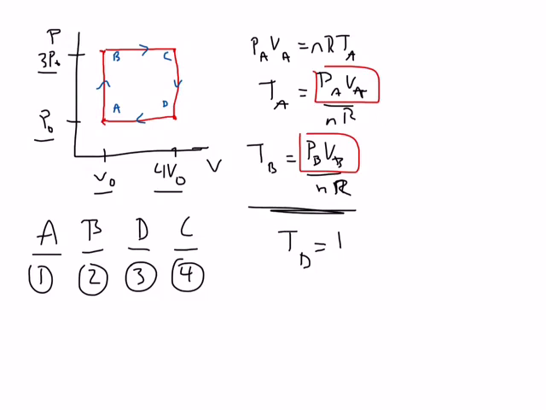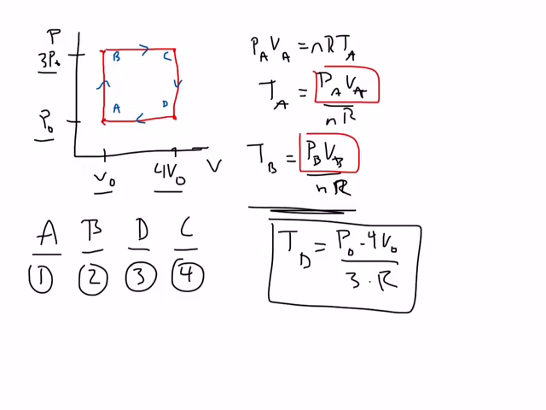So at point D, it's P naught times 4 V naught, and N we actually know: it's 3 moles, and since we're using moles, we're going to use the gas constant R. If we had 3 times 10 to the 28th atoms, we would use the Boltzmann constant K, but since we got number of moles, we use the gas constant R. So here's part 1 and there's part 2.